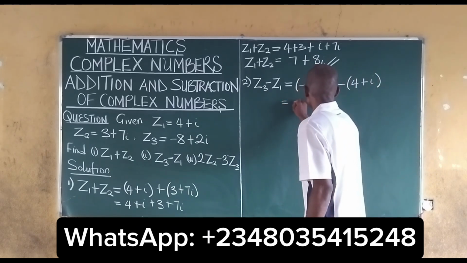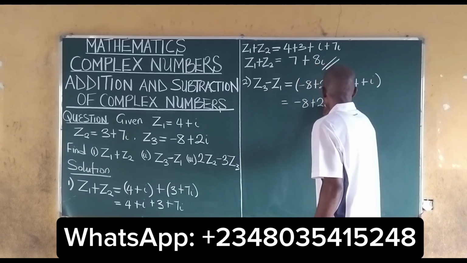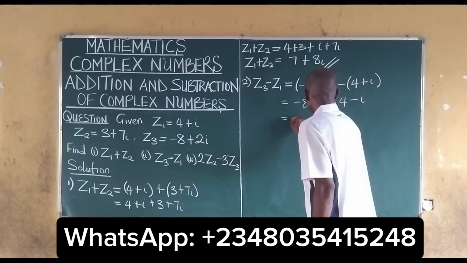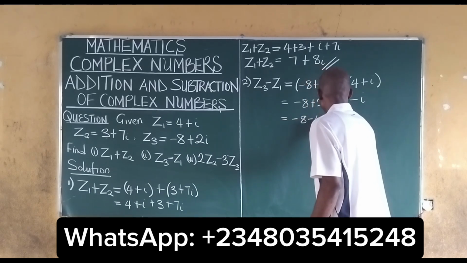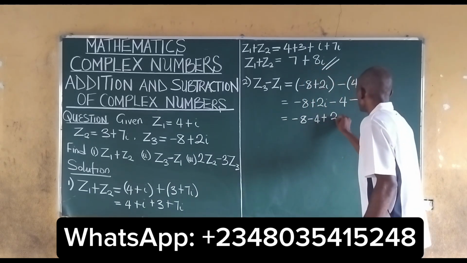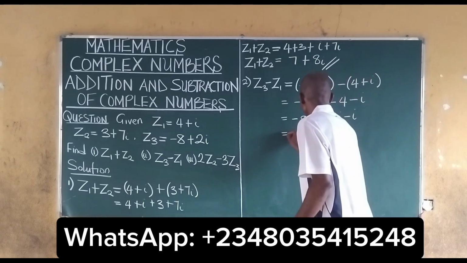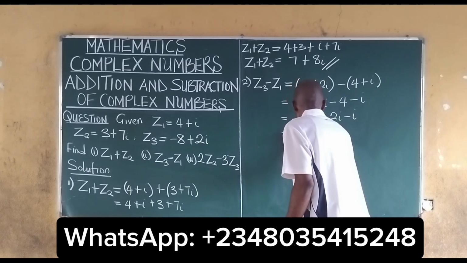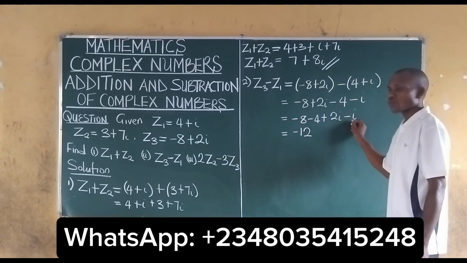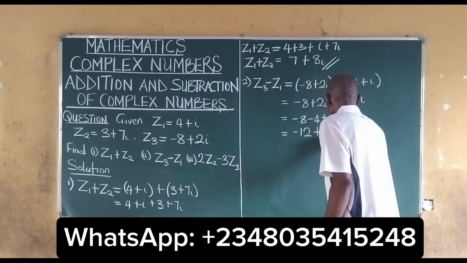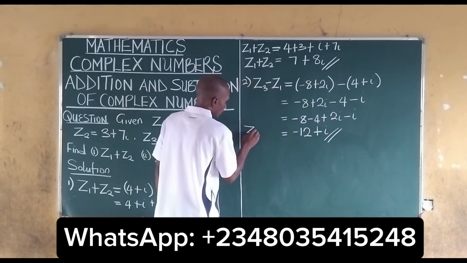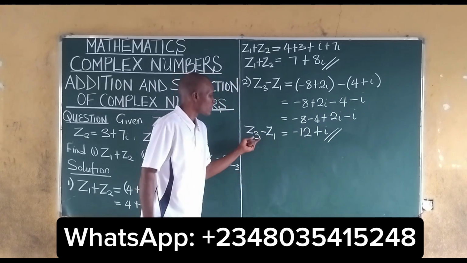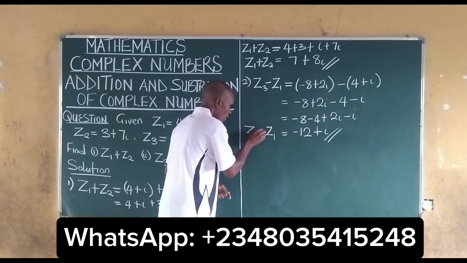So opening the bracket, we have negative 8 plus 2I minus 4 minus I. The real parts are negative 8, negative 4, plus 2I minus I. So negative 8 minus 4 will give us negative 12, and 2I minus I will give us just I. So this is the solution for Z3 minus Z1. So this is how we can obtain Z3 minus Z1.